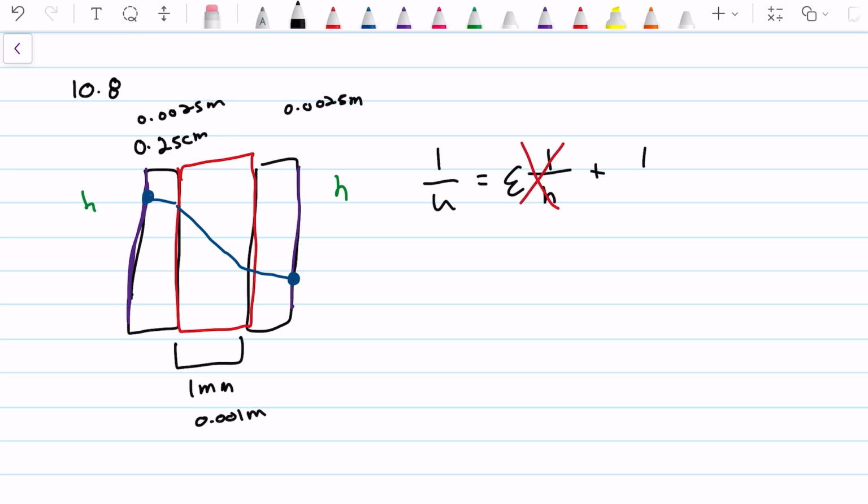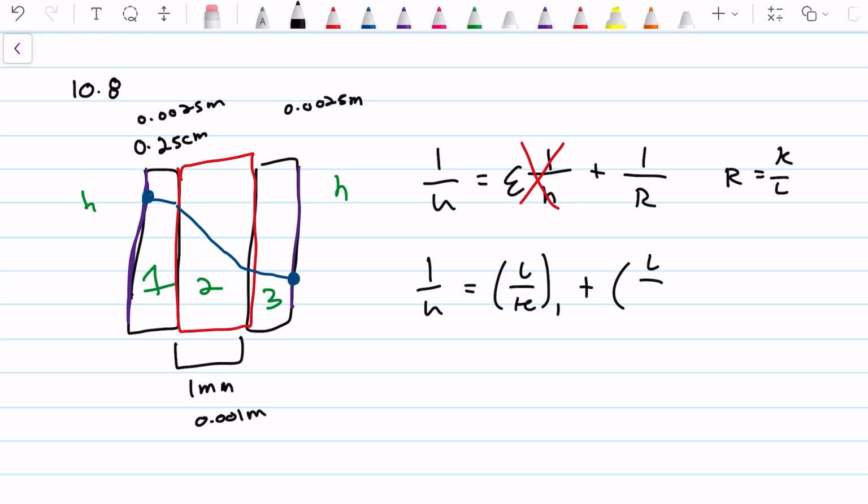And then you add all the resistances through solid materials, where R is L over K. So for us, this is going to be L over K for 1 plus L over K for 2 plus L over K for 3.